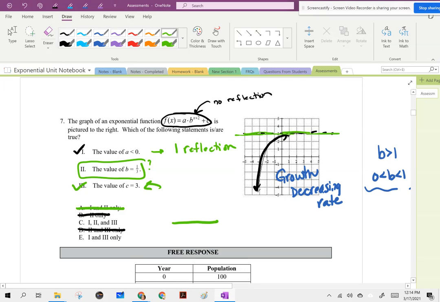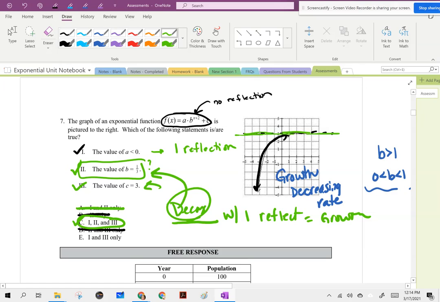Something with one reflection equals growth, which would make this decay, because decay with one reflection is growth. Does this B value indicate a decay? And yes, it does, because it's a number between 0 and 1. So 1, 2, and 3 is correct. So C is my final answer.